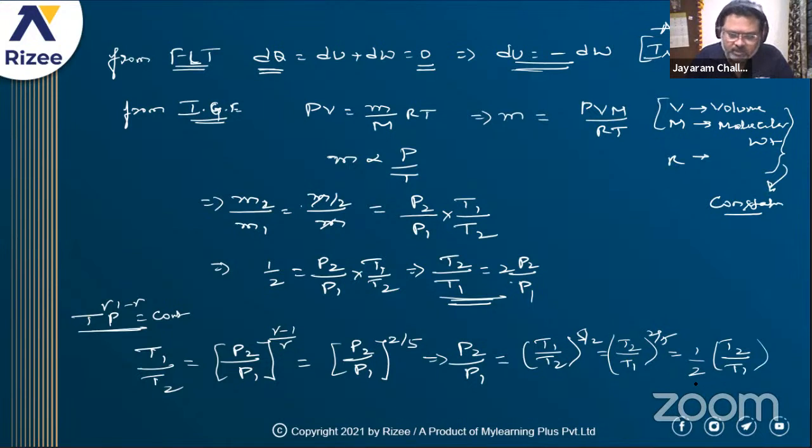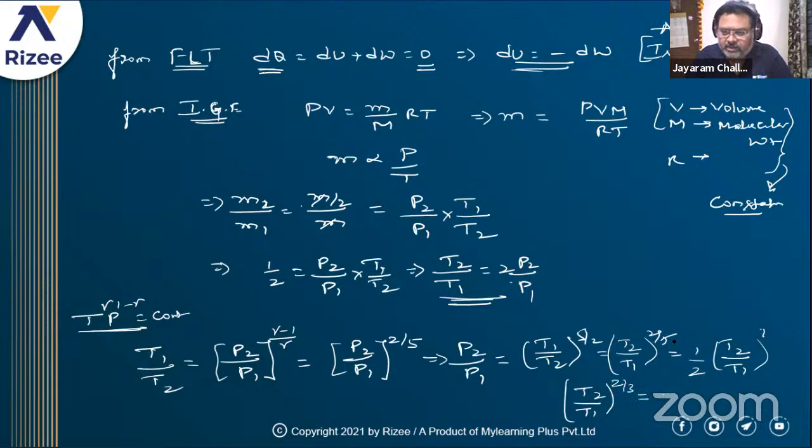Now take them to one side, please. This is whole to the power of 1 here, so take it to the other side. So that becomes (T2 by T1) whole to the power of 2 by 3 is equal to 2.